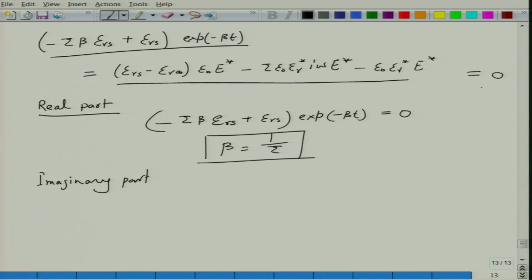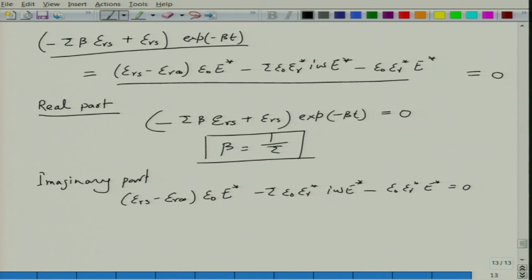Okay. And imaginary part, if we do the same thing, then epsilon Rs minus epsilon R infinity into epsilon naught into E star minus tau epsilon naught epsilon R star I omega E star minus epsilon naught epsilon R star E star is equal to 0. Okay.